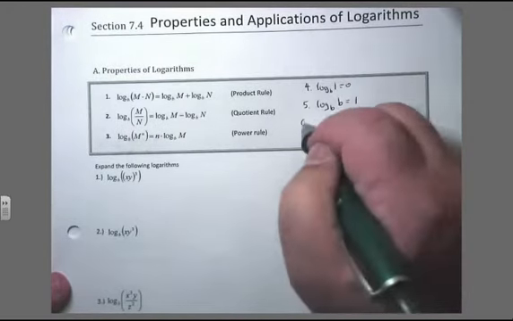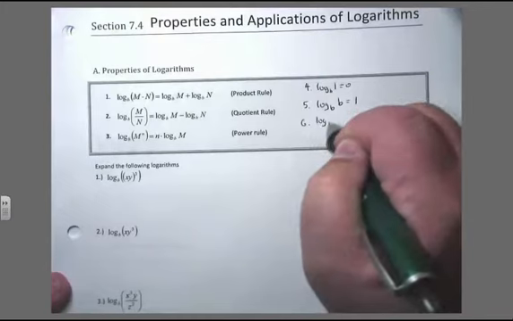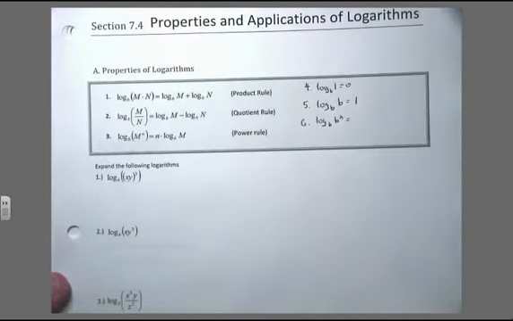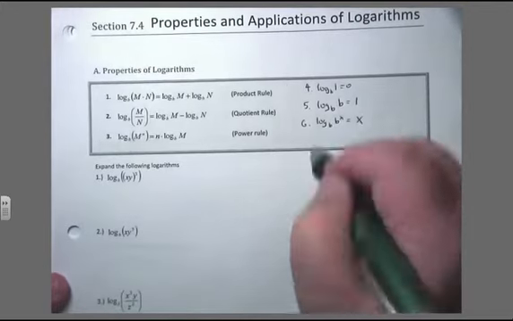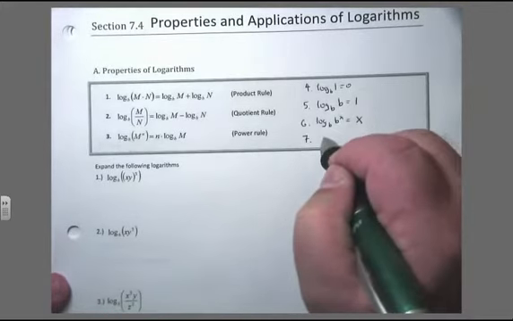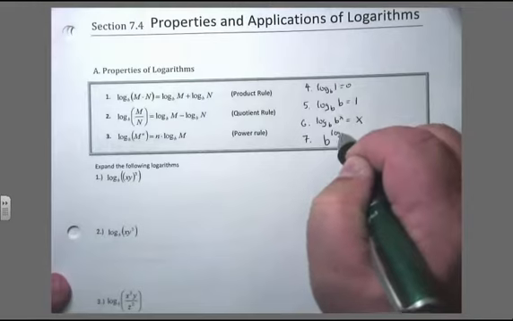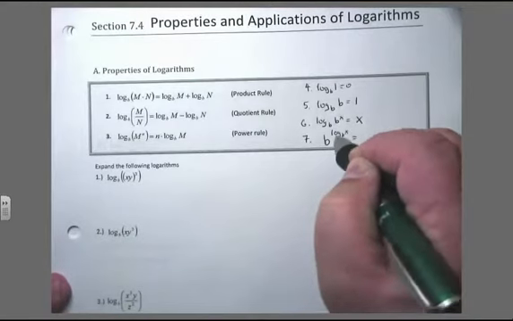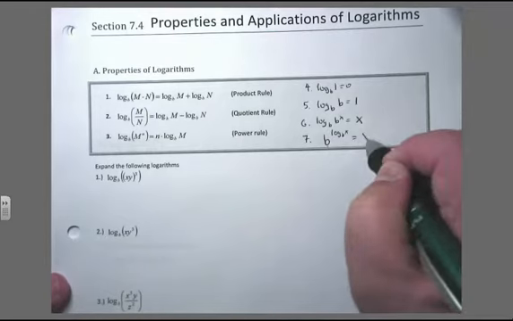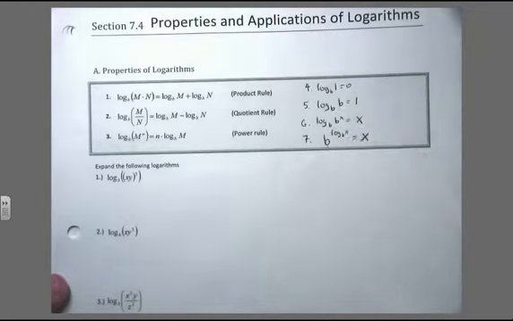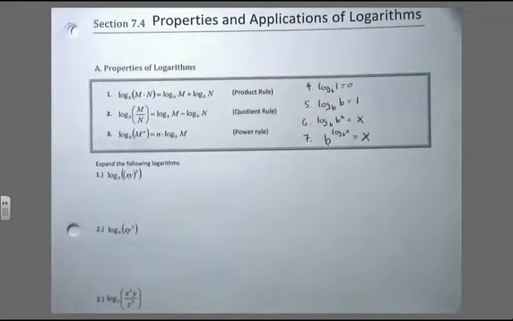Property number 6, the log base b of b raised to the x. Exponentials and logarithms are inverses. They cancel. You're just left with x. And property number 7, b raised to the log base b of x. Even though the base is b, the exponential has got a log in it. They'll cancel. You're left with just x.